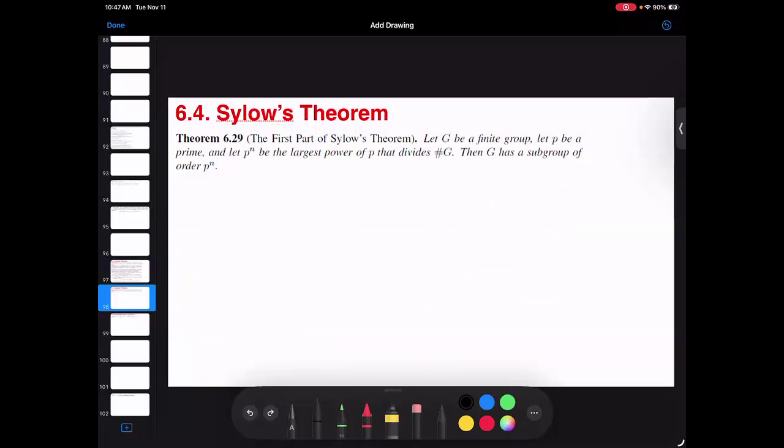The hardest part is going to be, we want to find a p-Sylow subgroup. We're trying to show that something exists. So we're looking for a set with p to the n elements. Anybody have any idea what formula we're going to use? Given what we've been using in this chapter, what do you think we're going to be using?